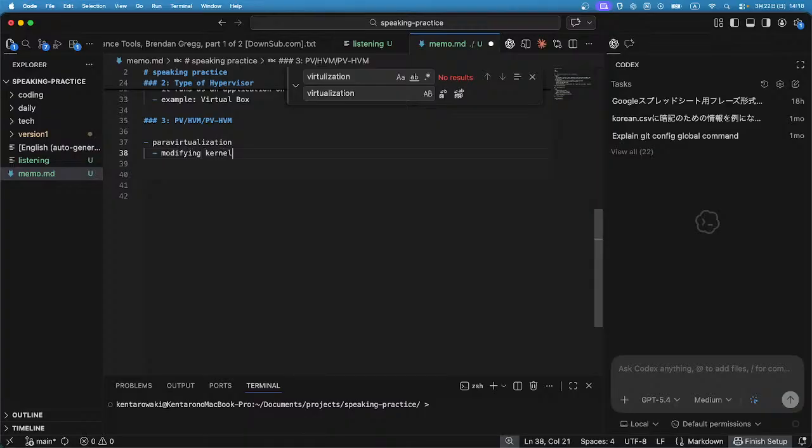Modifying the kernel of the guest OS and communicating with the hypervisor directly through hypercall. How it works.